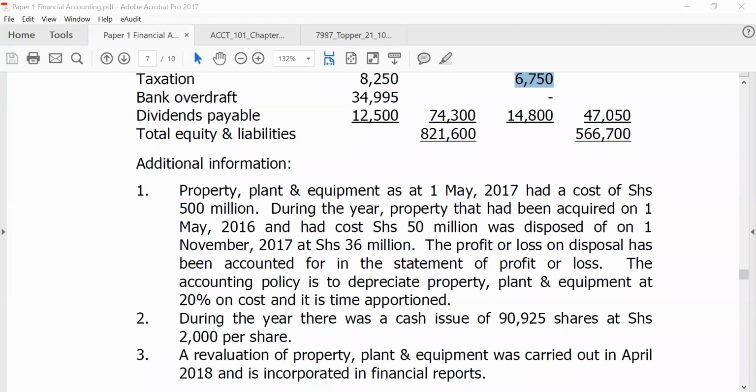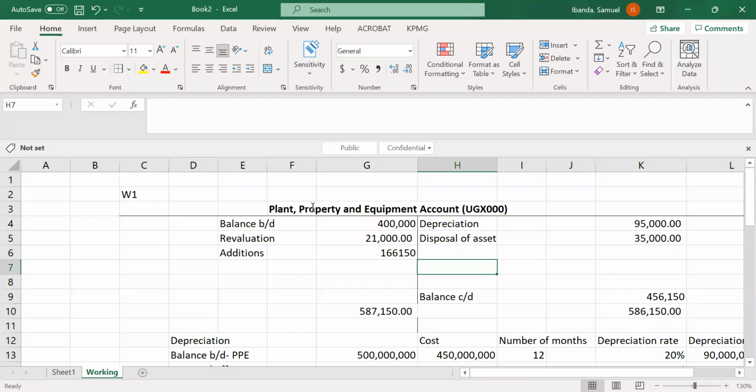And we went ahead to draw up one of our accounts where we're trying to show how the assets account happened. So we have a balance brought down of 400,000, and then we got our depreciation, then we had our revaluation, then we were able to determine our additions.